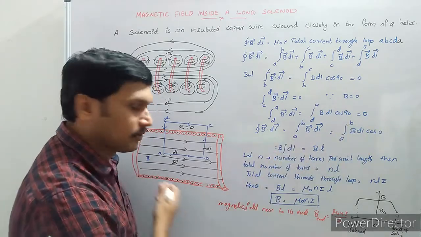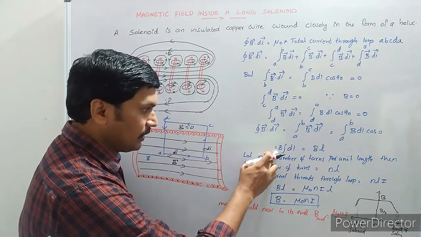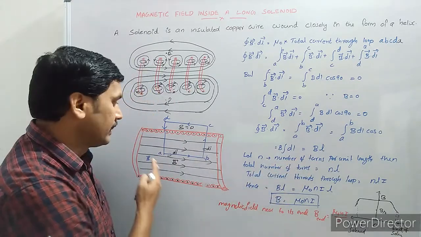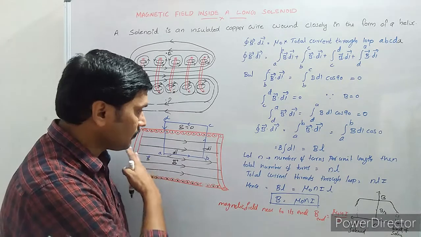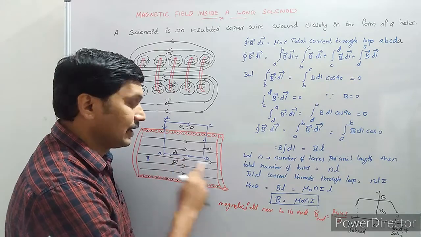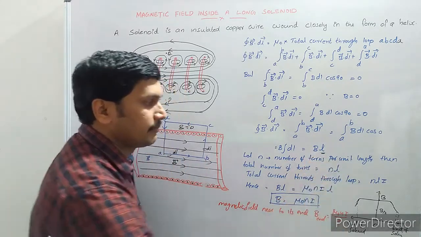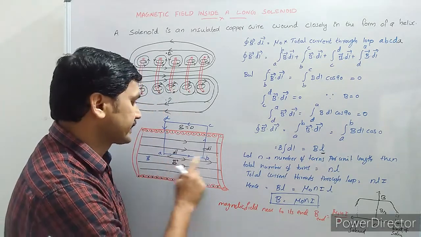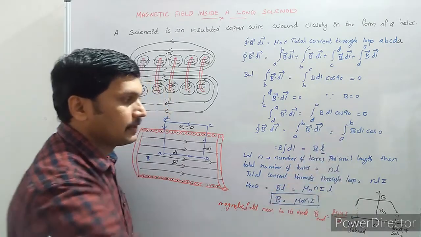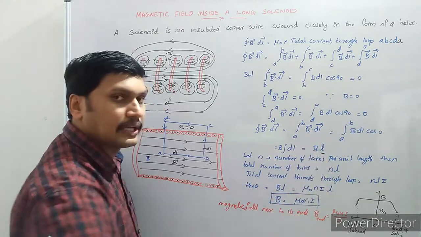So we take B outside because we have a uniform magnetic field inside the solenoid. B into integral dl. Suppose the length of side AB of this Amperian loop is L. So the integral of dl is L, and we can write this as B into L.